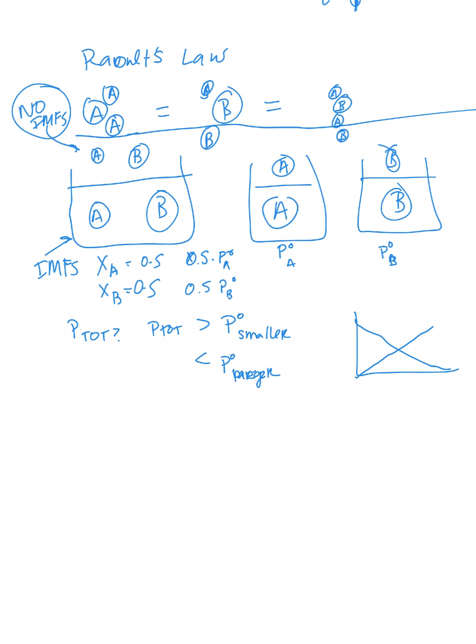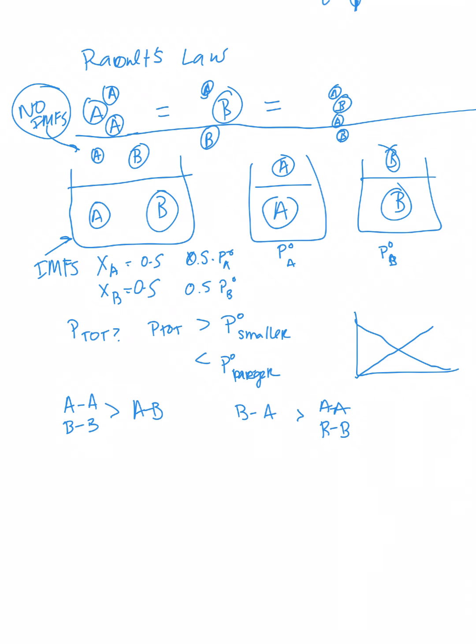Where the deviations from ideality come in is when we can no longer make the assumption that all of the various intermolecular forces are equal. So if the interactions between A and B are greater than those between A and A and B and B, or if the interactions between A and A and B and B are greater than the interactions between A and B. Let's walk through these two cases together.